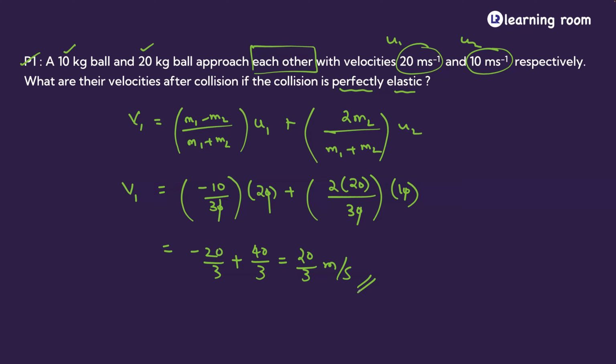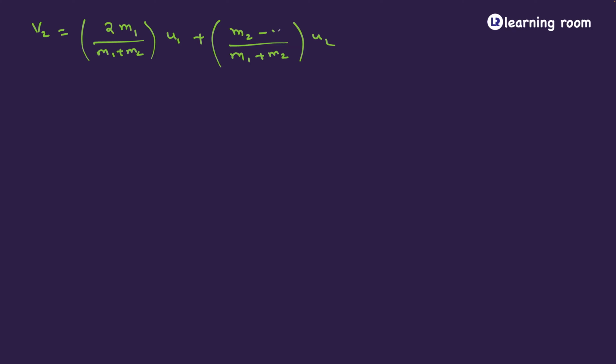Right. Now, what about V2? So for V2, if you observe something into U1 plus something into U2, what should be written here? M1 plus M2. Here also it is going to be M1 plus M2. So here it will be 2M1 and here it will be M2 minus M1.